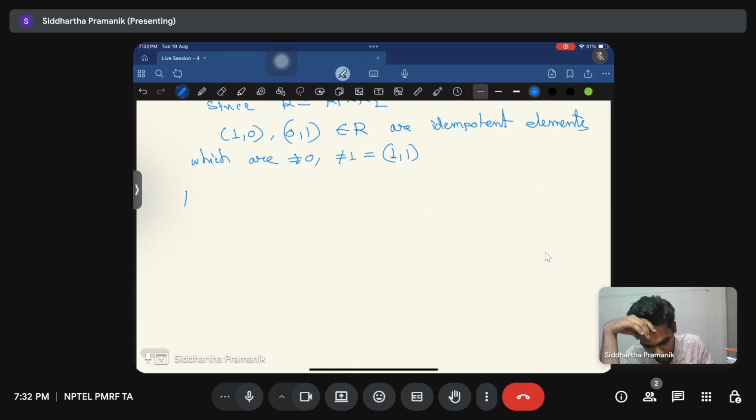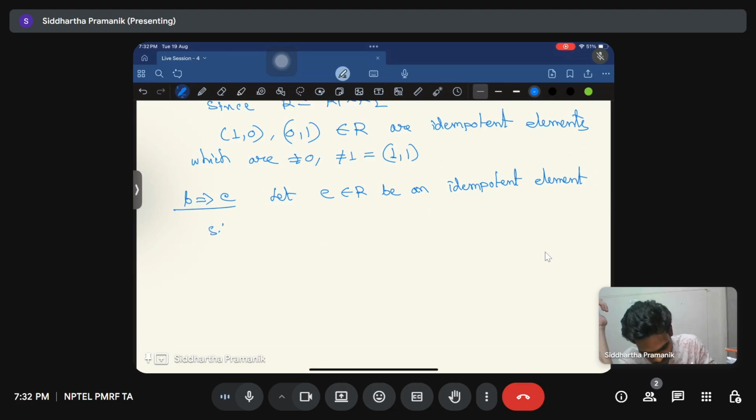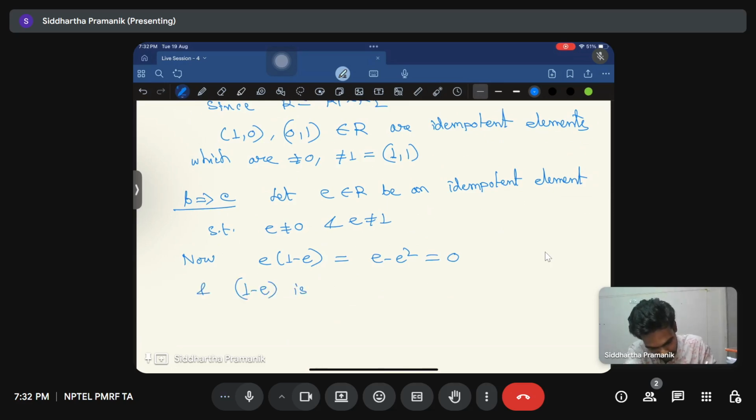So let e belong to R be an idempotent element such that e is not equal to 0 and e not equal to 1. Now e times (1 minus e) is basically e minus e square, which equals 0, and 1 minus e is also an idempotent element.